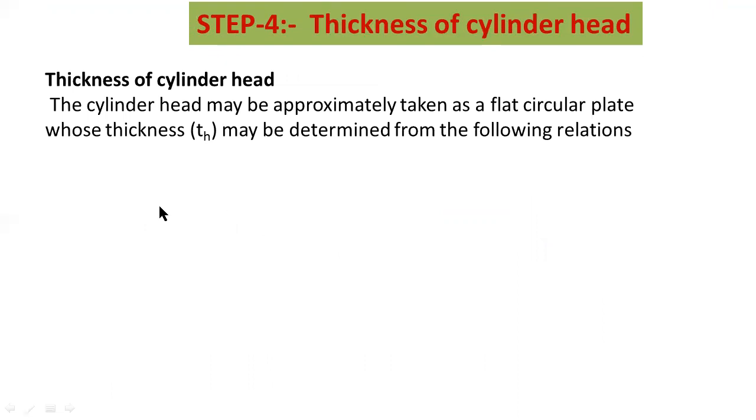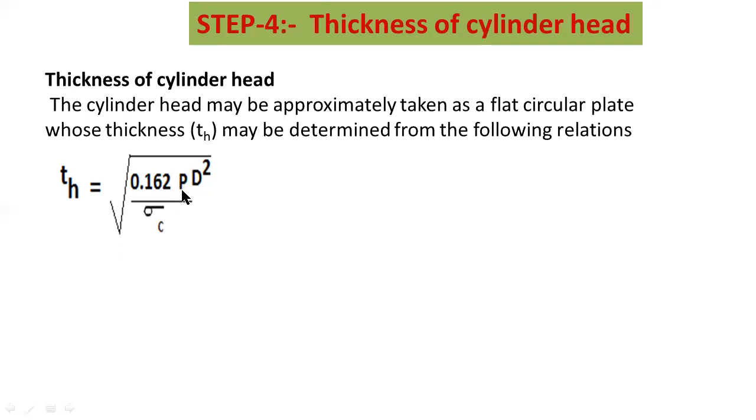The cylinder head may be approximately taken as a flat circular plate whose thickness t_h may be determined from the following relations. t_h is the thickness of the cylinder head, the top cover plate of the engine cylinder. So we need to design the thickness of the cylinder head. t_h equals square root of 0.162 P D square by sigma_c.